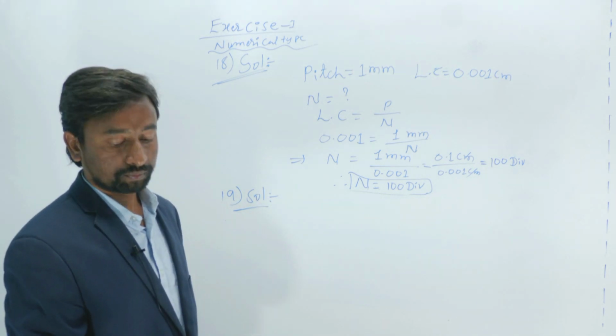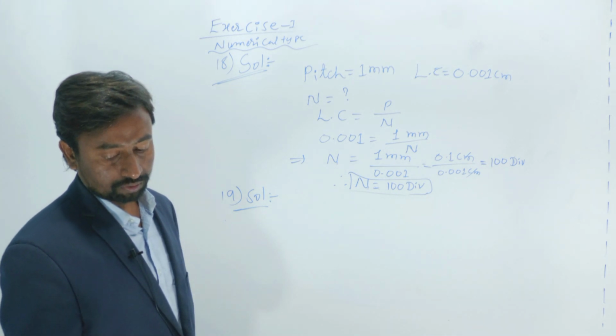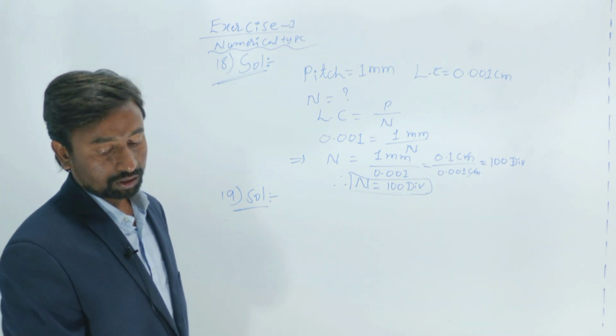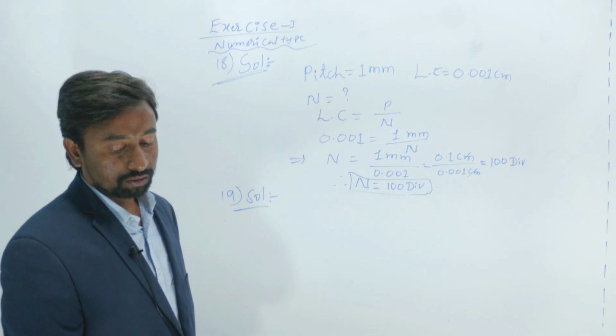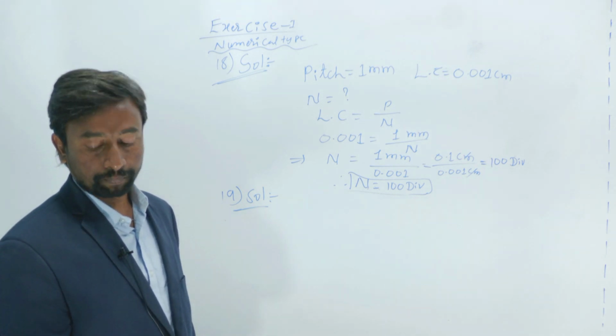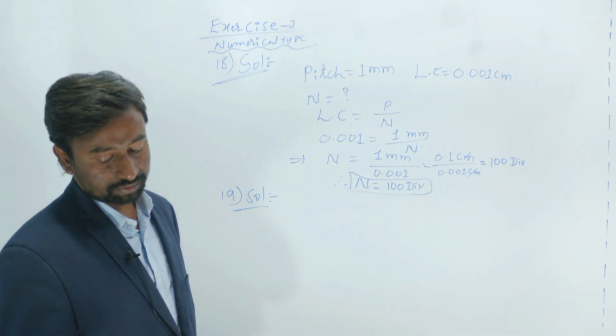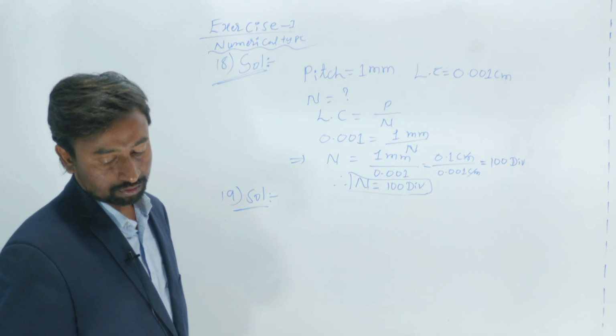19th one. When a screw gauge with a least count of 0.01 mm is used to measure the diameter of a wire, the reading on the sleeve is found to be 1 mm and the reading on the thimble is found to be 27 divisions, the diameter of the wire is.